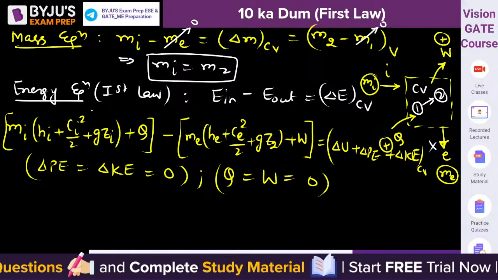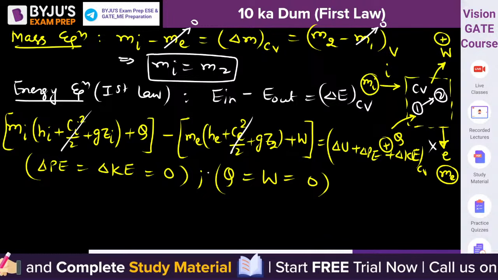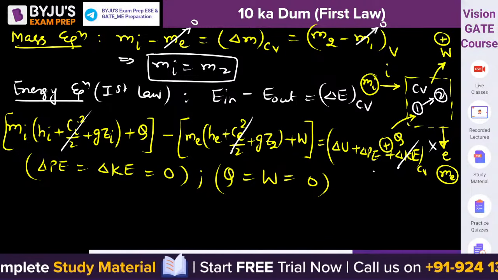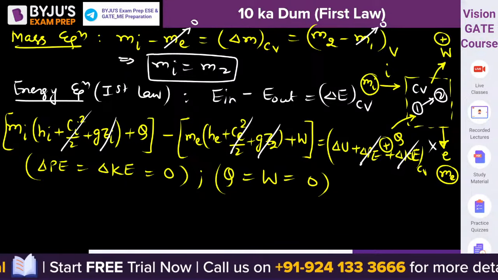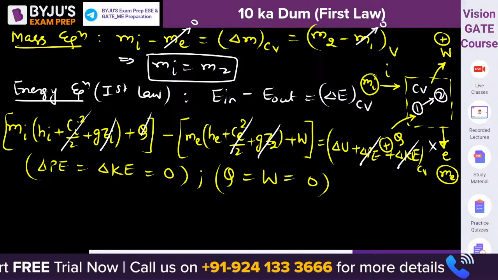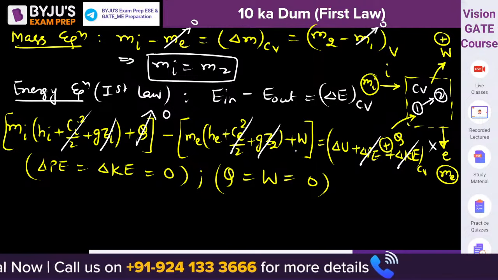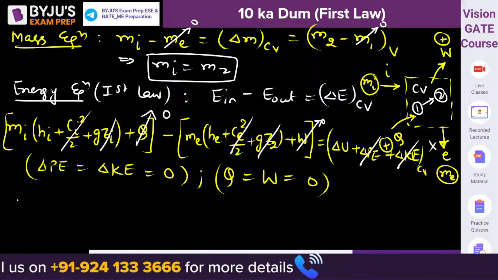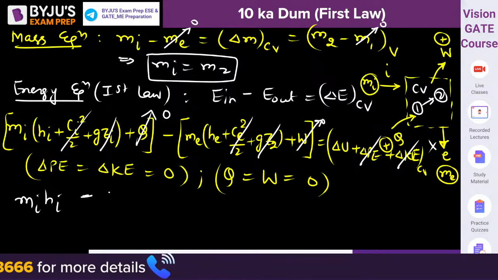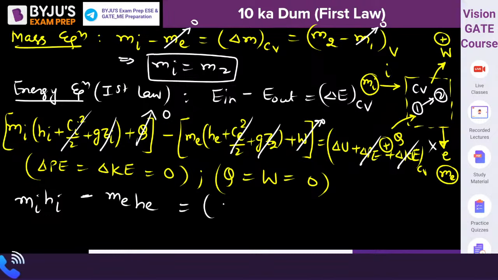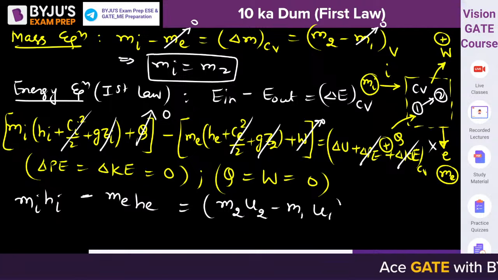So if we simplify this, Ci square, Ce square will become same. Change in kinetic energy will be 0. Change in potential energy will be 0. Q will be 0. W will be 0. So our expression will be MiHi minus MeHe is equal to change in internal energy, M2U2 minus M1U1, isn't it?